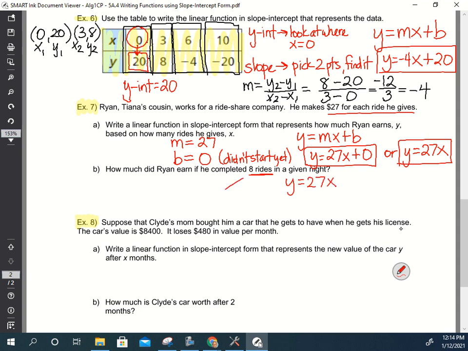So that means that x is equal to 8. 27 times 8, which is 216. Thank you, Mr. Taylor. $216 is how much he made that night. Any questions on example 7?